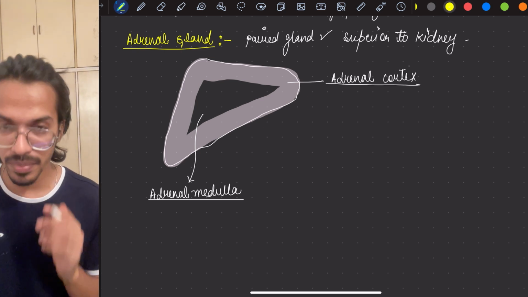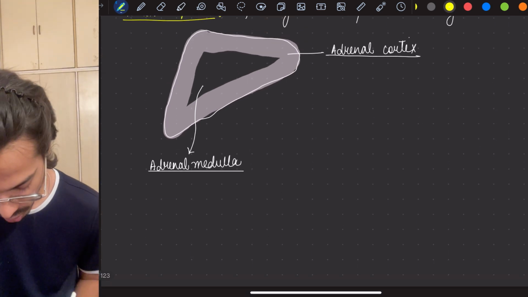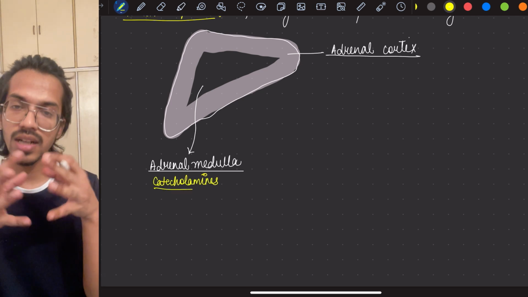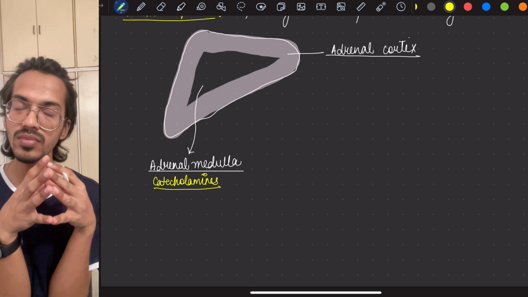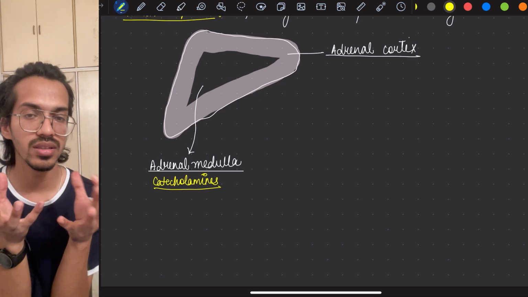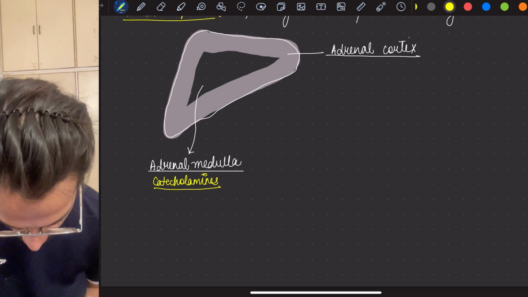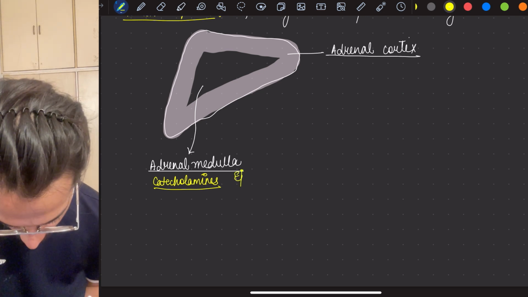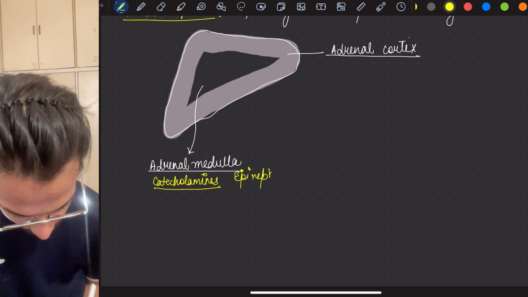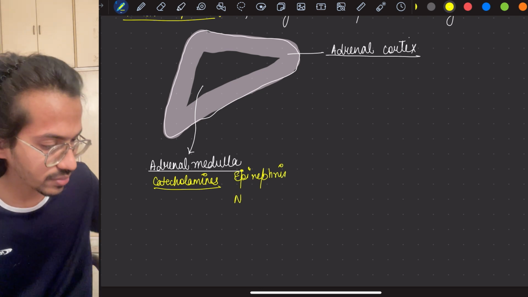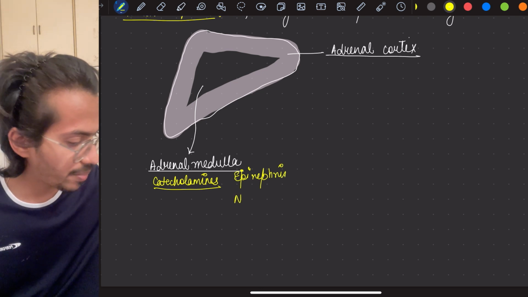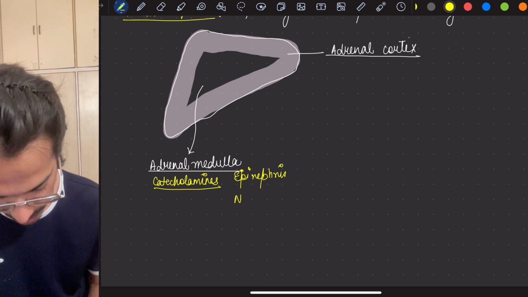In the adrenal medulla, there is the presence of catecholamines. What are these catecholamines? There are certain hormones which are working together over here, and we call them catecholamines. What are they? They are epinephrine and norepinephrine.